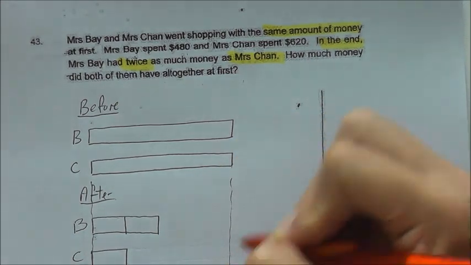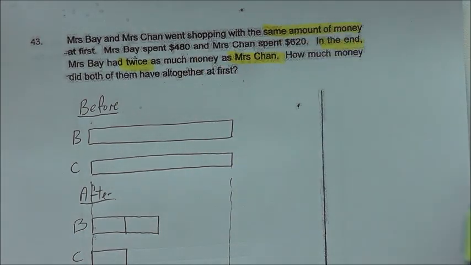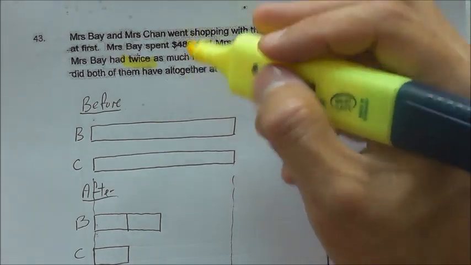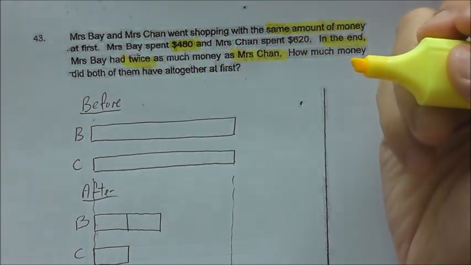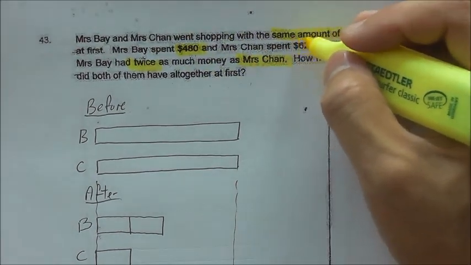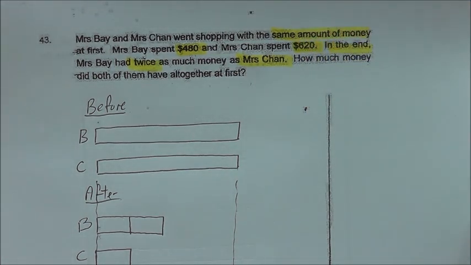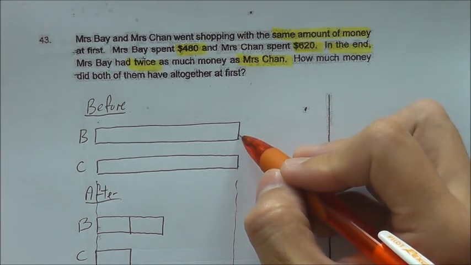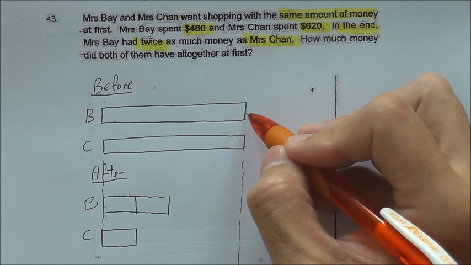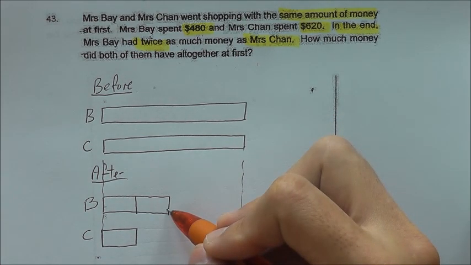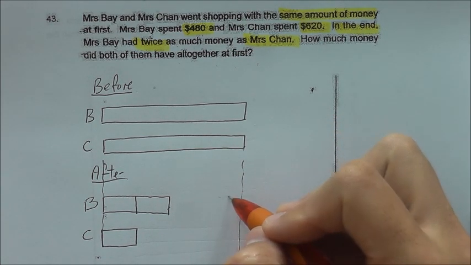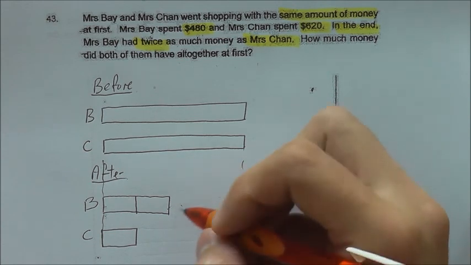And guys, now we are ready to put in the 2 numbers. Mrs. Bay spent $480, and Mrs. Chan spent $620. So if you look at the difference from here, this is before for Mrs. Bay and this is after for Mrs. Bay. So there is a decrease. What is this decrease?